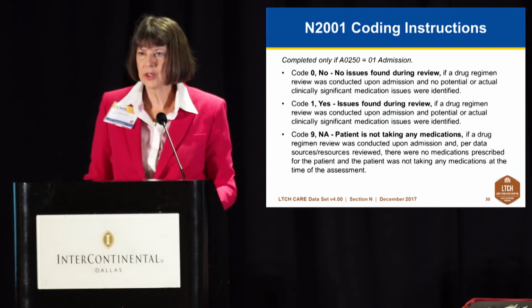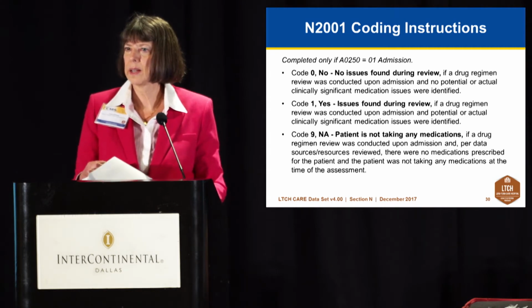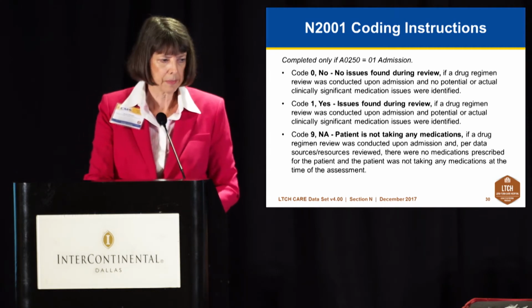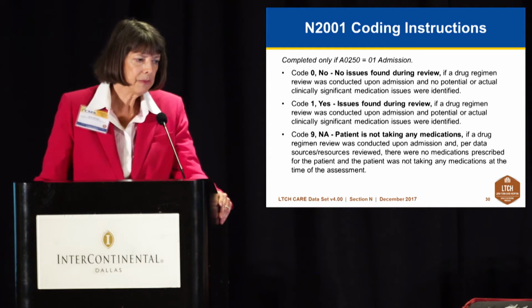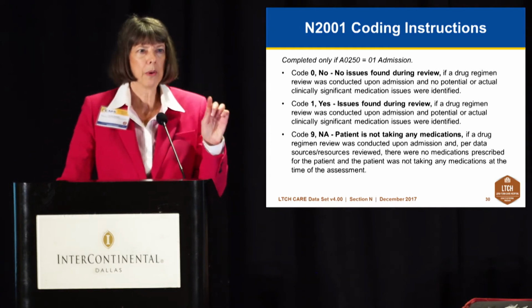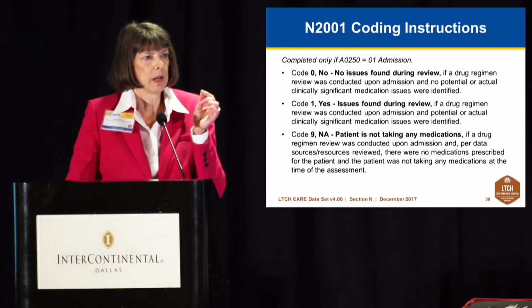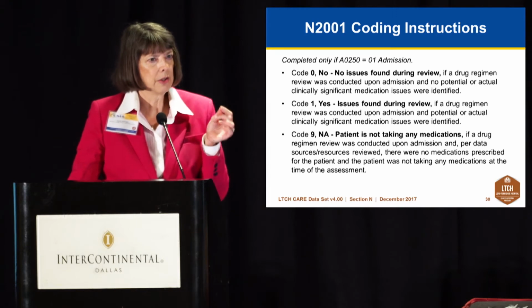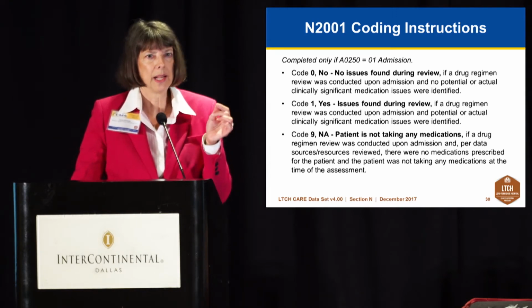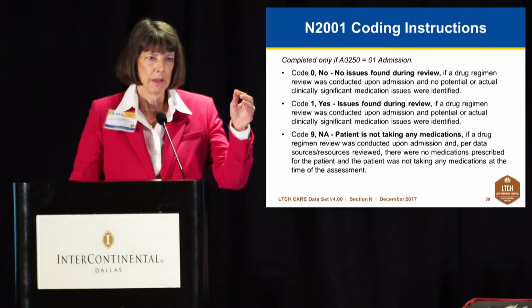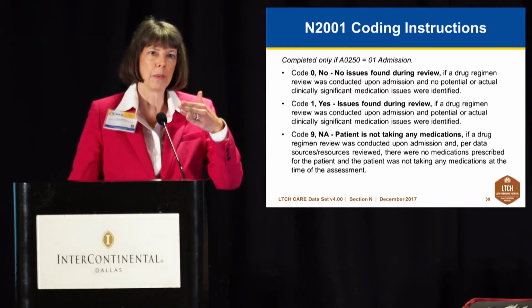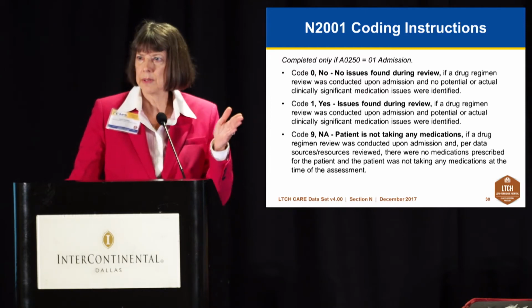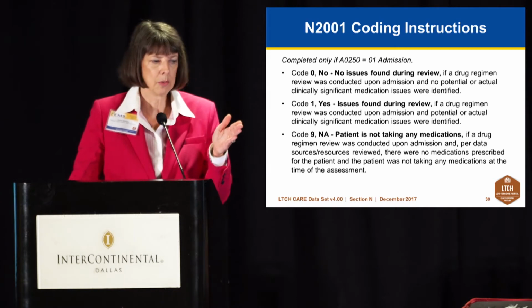So your coding instructions that you will use in our clinical scenarios coming up are the following. And it's very important when you're instructing your clinicians to understand the definitions behind each of these codes, because codes may differ from one item to the next, and that's why it's very important that they understand what each one means.